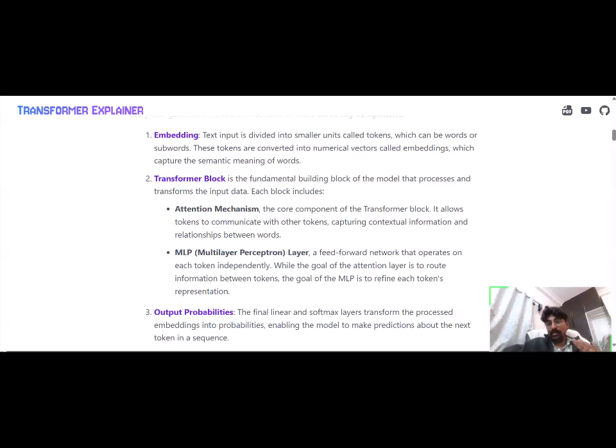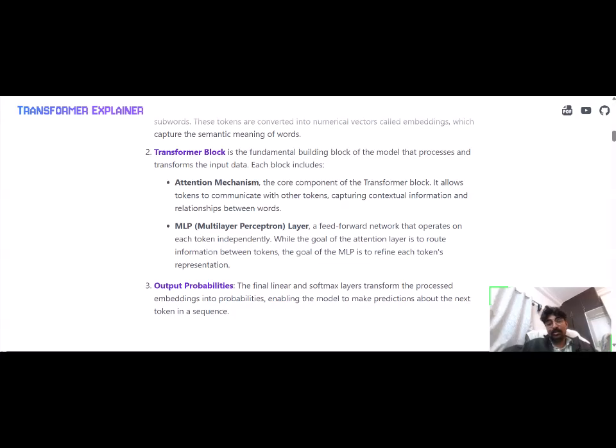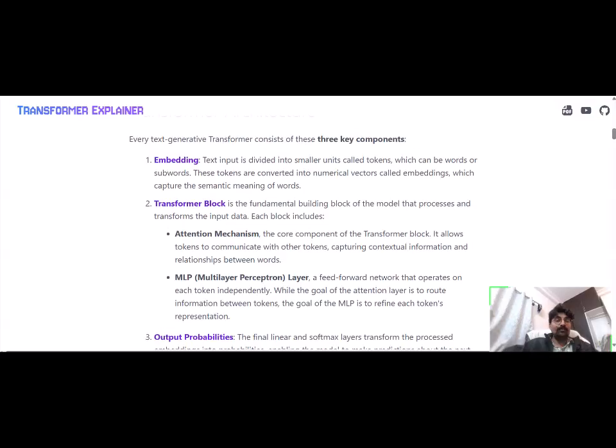The text is converted into embedding. Embedding is a numerical space that the model can calculate and process. The second block takes the embedding as input, transforms and processes it, and gives output. That output is taken by the final output layer, which generates the output probability.